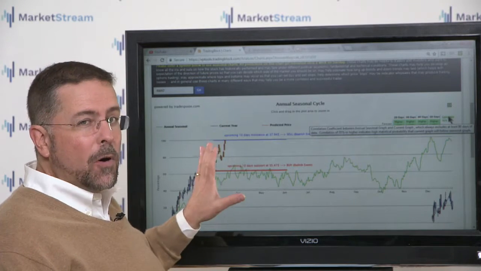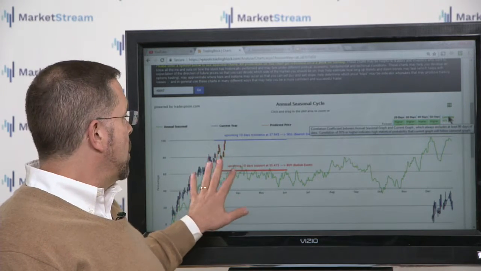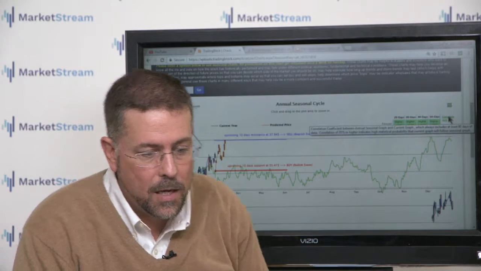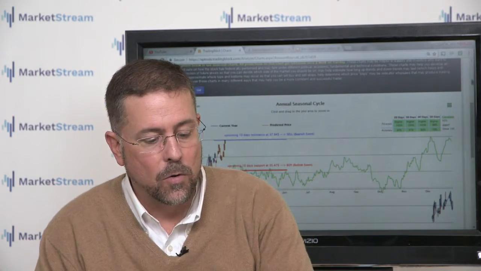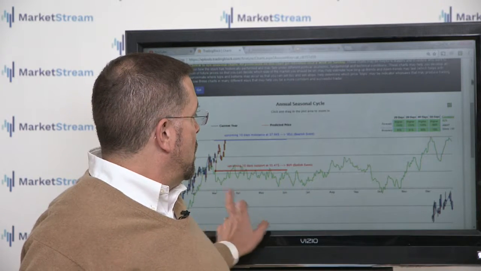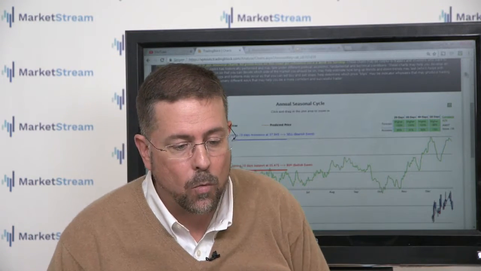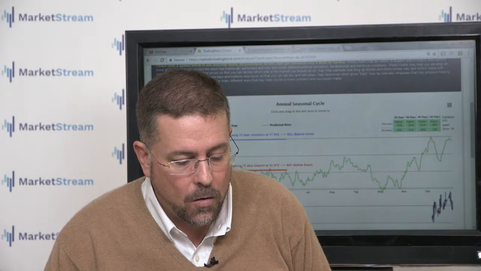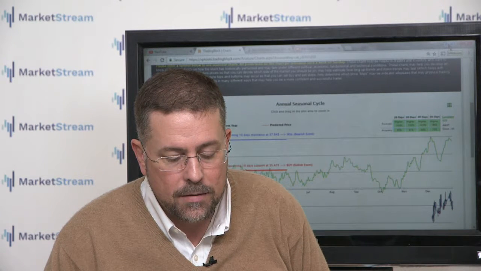So this may not be the perfect time to put this on, but we want to look at the setup, okay? And you can see basically through April, May, and June, the seasonality chart is showing basically what could be a range-bound stock. So how do we go in and take a look at potentially playing this?